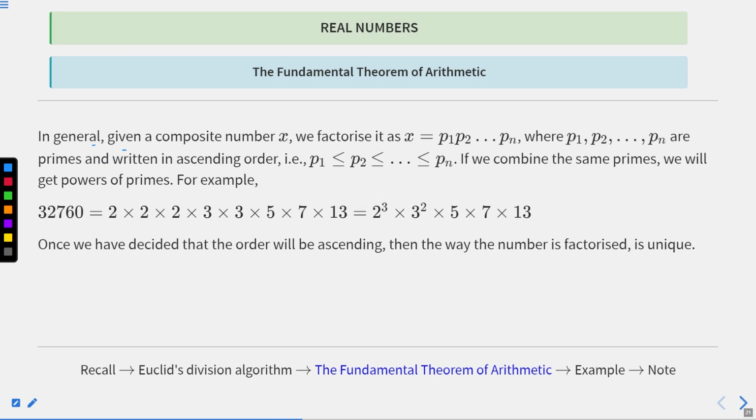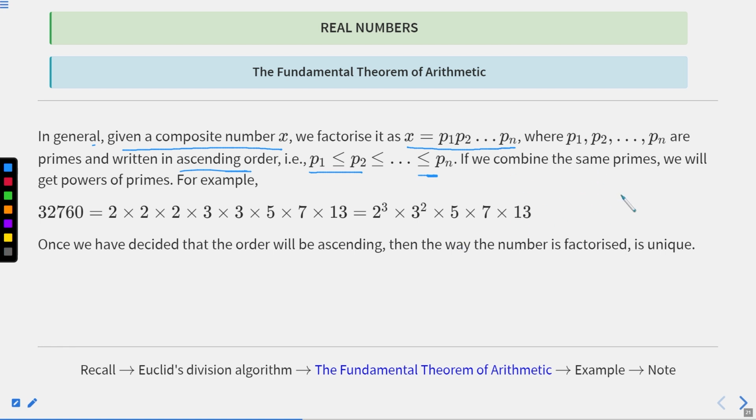In general, suppose we are given a composite number x, which has more than two divisors, and we factorize it as x equals p1 into p2 into p3 into pn, where p1, p2, pn are primes written in ascending order, that is p1 less than or equal to p2 less than or equal to pn.